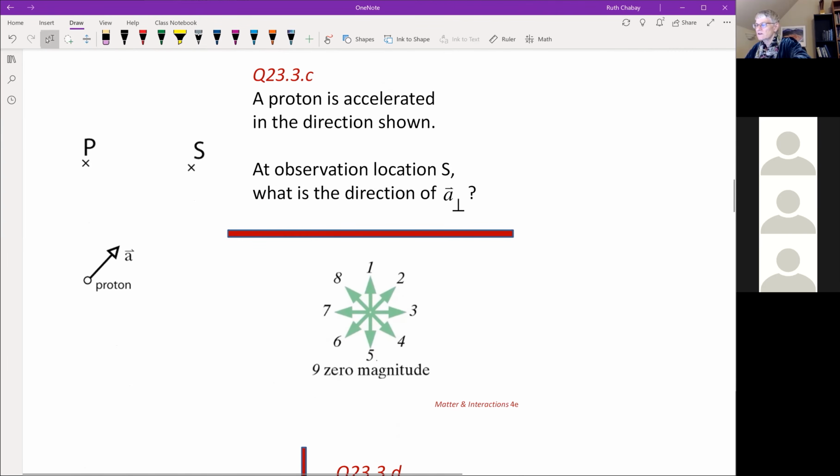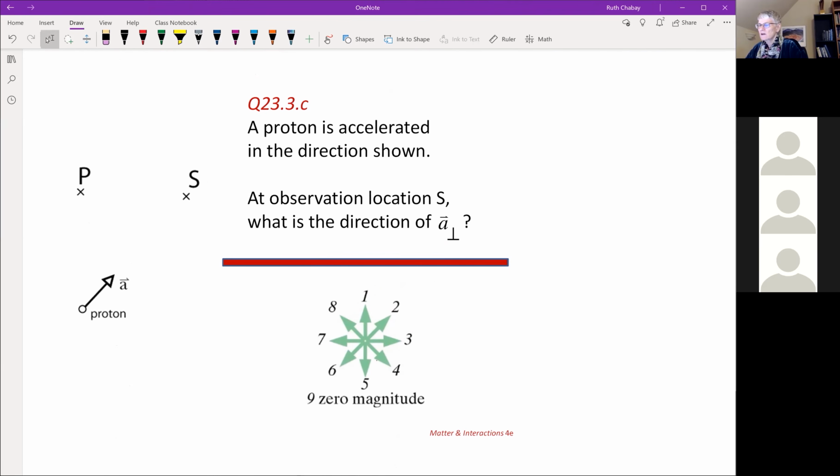Now let's consider the same situation, but let's take observation location S. So if you're standing at S instead of at P, what for you is the direction of A perpendicular? Okay, so let's talk here.